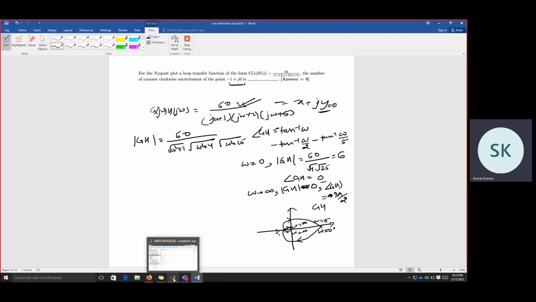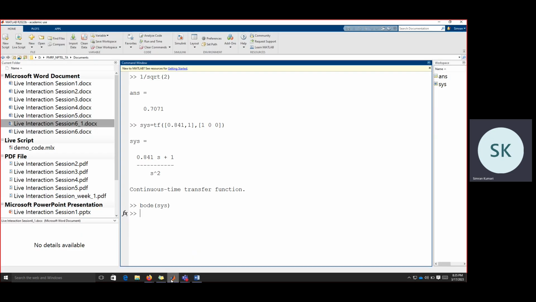We'll just use this MATLAB command and see where it crosses and whether it encircles minus 1, and if yes, then how many times. Okay, so we have this system.